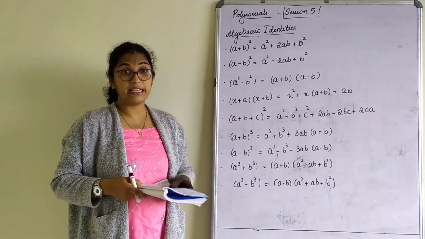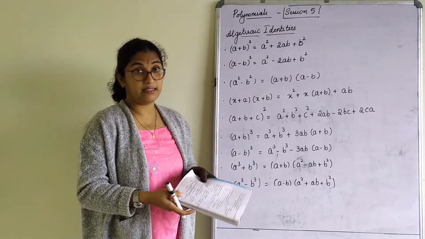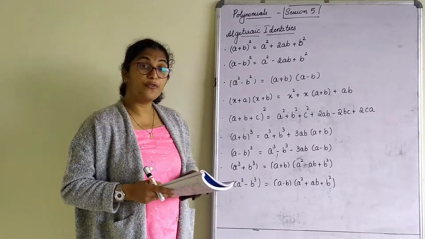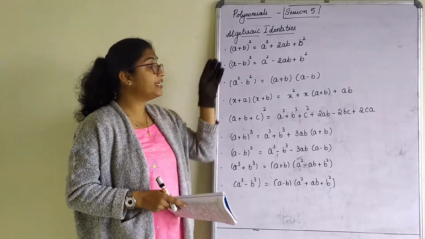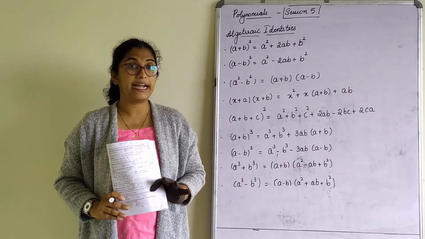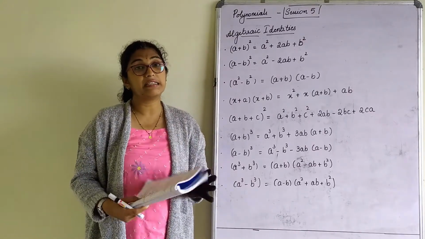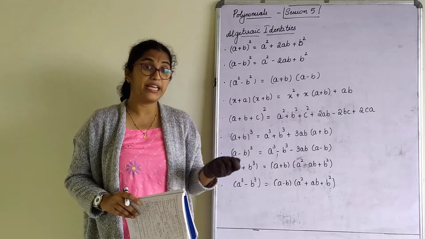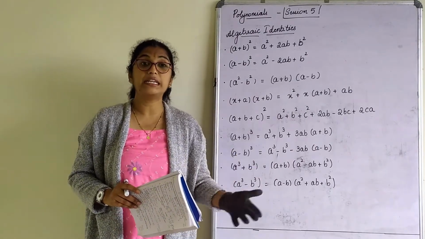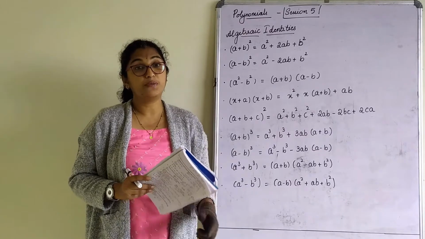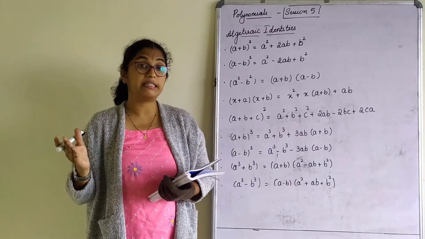So we begin the next session today, and that's the last exercise of the chapter. Before we start with the exercise, you need to know all the algebraic identities. In this chapter, polynomials, the last exercise is about the algebraic identities which you have studied in the chapter algebraic expressions last year in 8th.